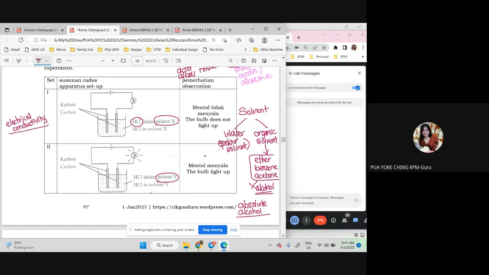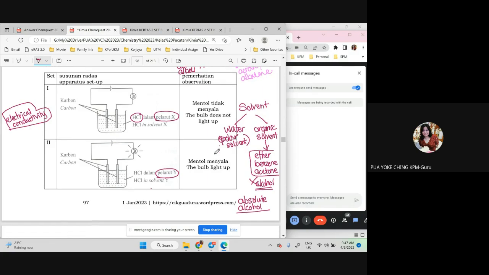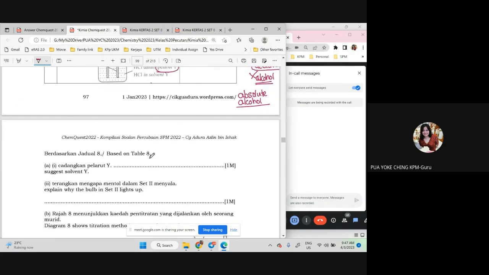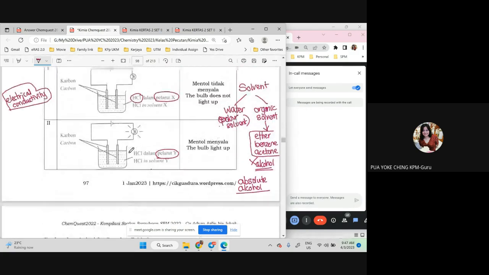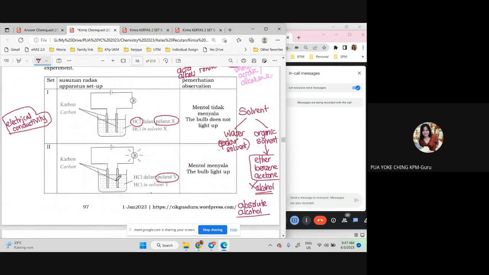You need to refer to their electrical conductivity. Okay, this is observation. Explain based on electrical conductivity. So kita tengok apa dia tanya. Dia mesti akan tanya cadangkan and then why. Okay. This one can come out in essay.